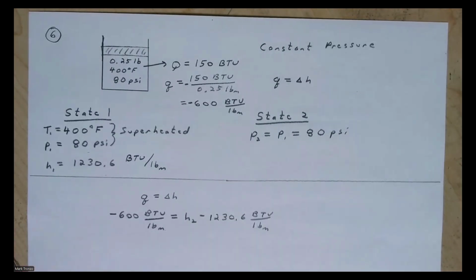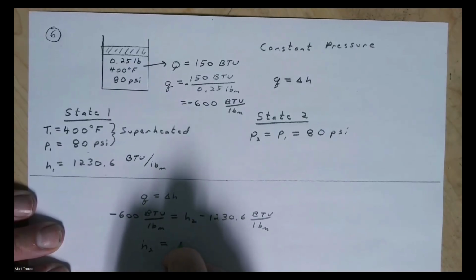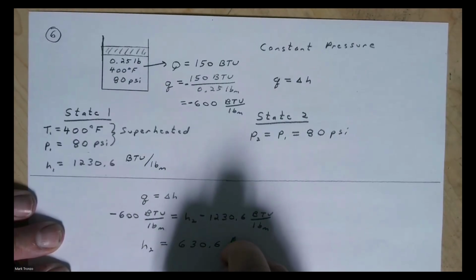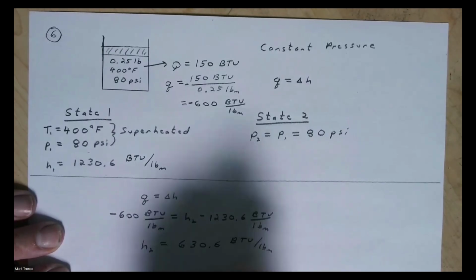Then we'll bring this to the other side, and that's going to leave us with H2 being equal to 630.6 BTUs per pound mass.